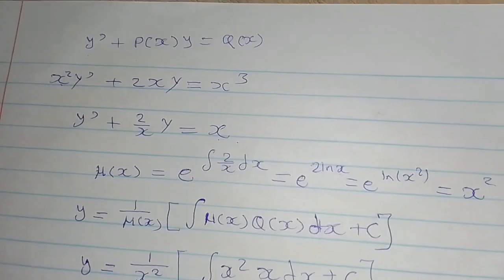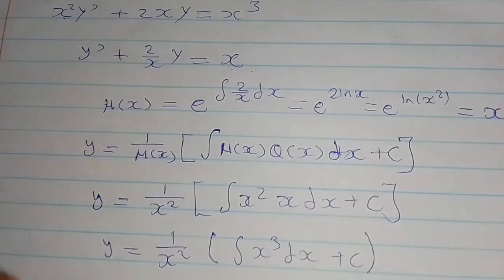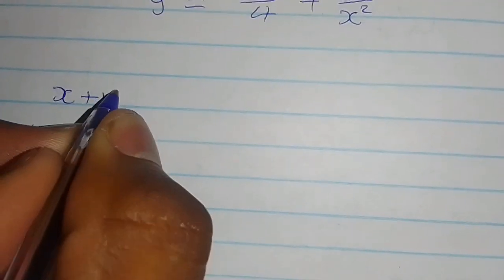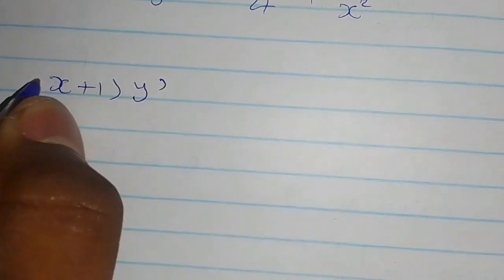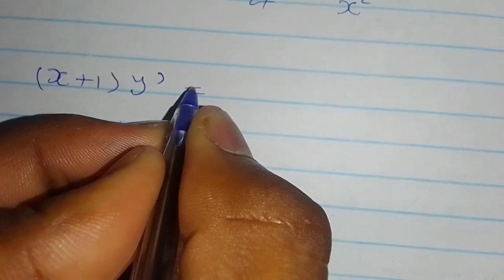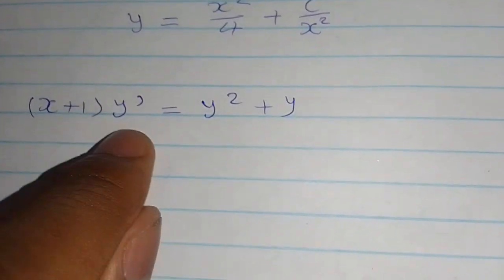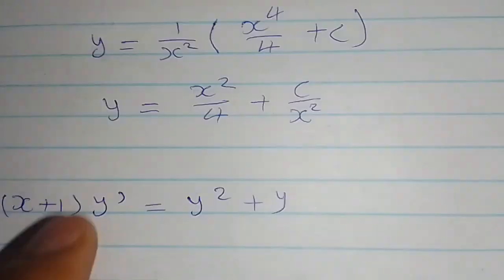But now what happens if you contain something else? Maybe let's say you have (x plus 1) y prime equals y squared plus y. Notice that now we have a problem. We can't write this equation to give us this.